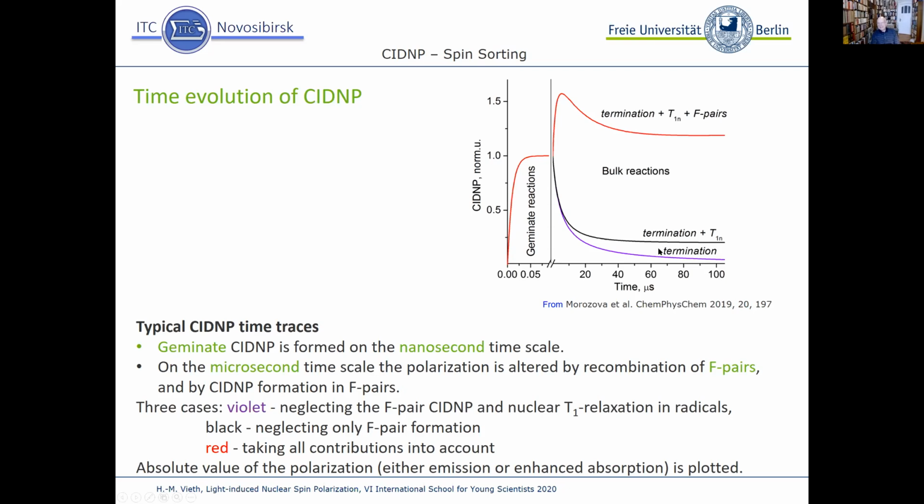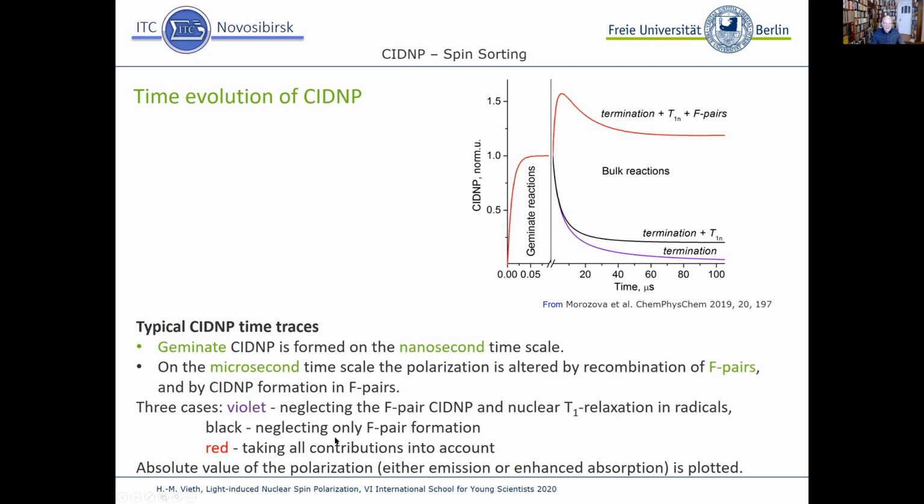From the analysis of the shape of the time evolution, you can analyze what, for example, nuclear spin relaxation in the radical stage is. You can see how the branching is, and so on.